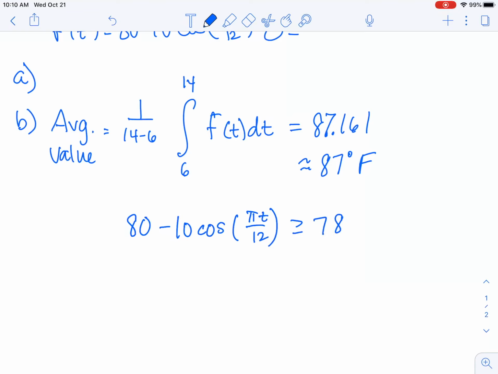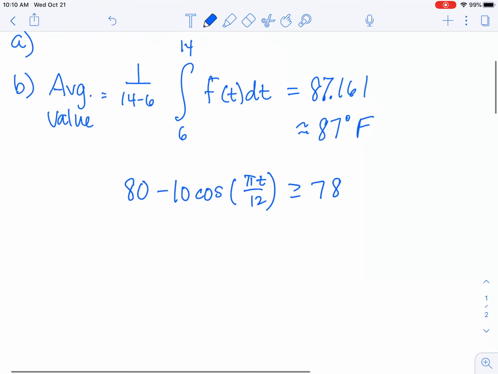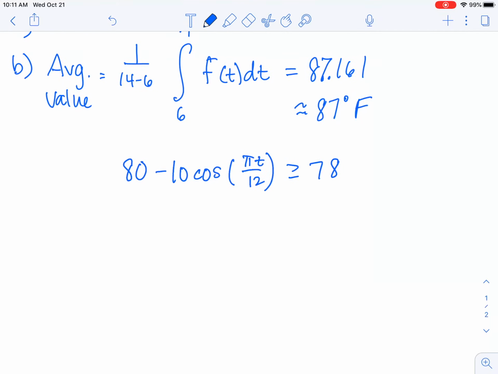If you solved that it was equal to 78, that was fine, but you have to figure out that that is the range above 78 degrees, that's when it's running.